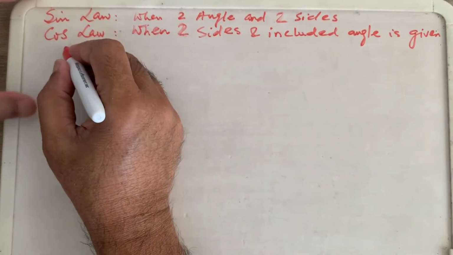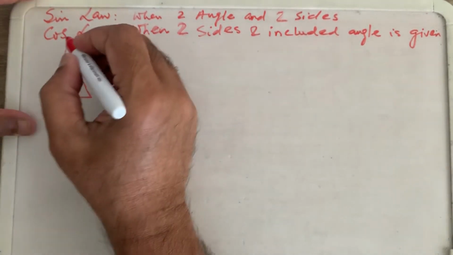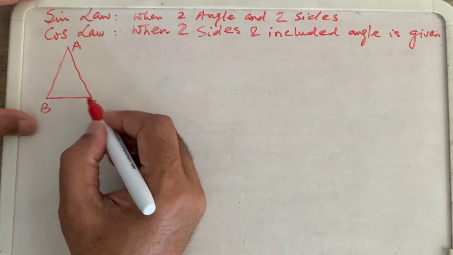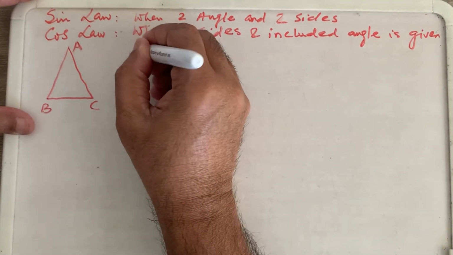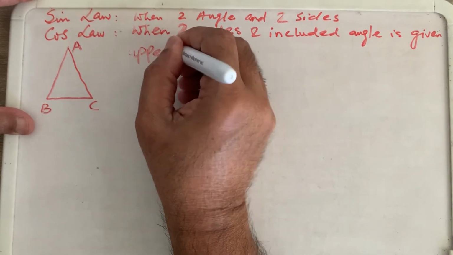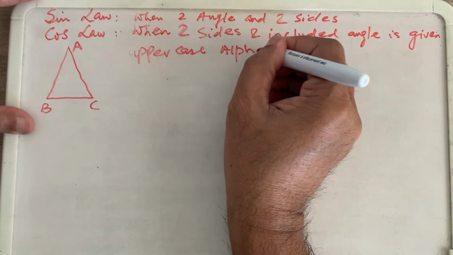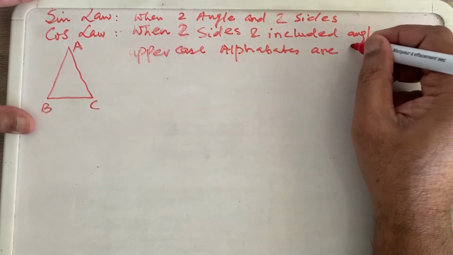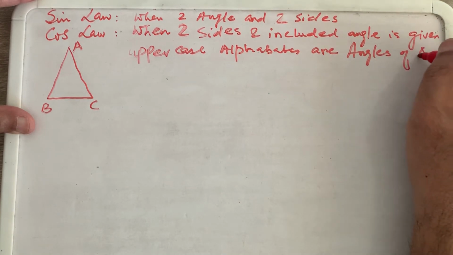So we deal with the basic triangle, which is like ABC, and always remember that the uppercase alphabets A, B, C denote the angles of the triangle, right?